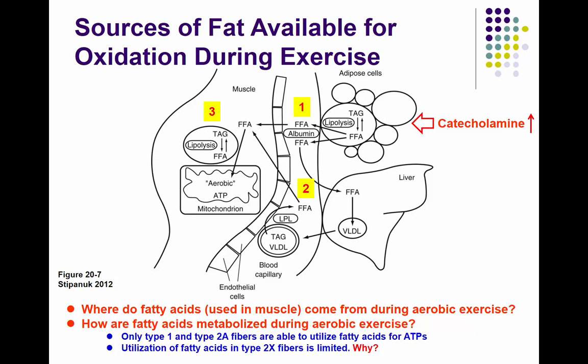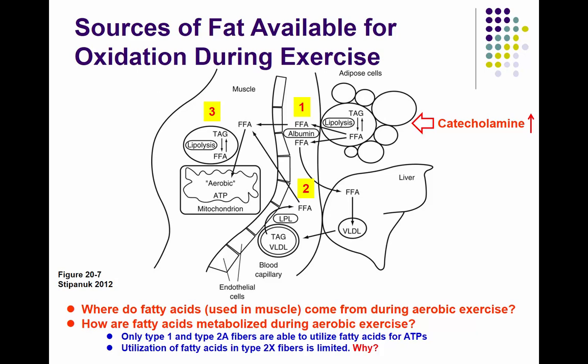Can type 1 and type 2 fibers use fatty acids for energy? Yes or no? Yes, right? Okay. And fatty acids should be completely oxidized, right, in these two types of fibers because they have mitochondria, right? Does that make sense?